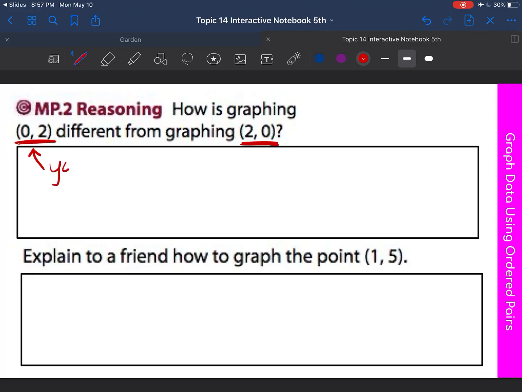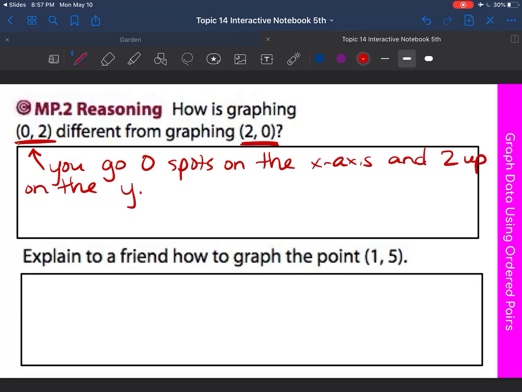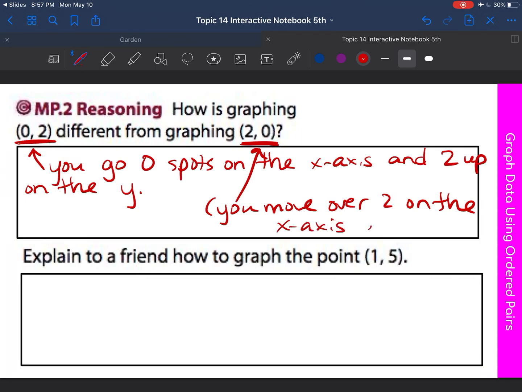Well, for 0, 2, you go 0 spots on the X-axis and 2 up on the Y, whereas for 2, 0, you move over 2 on the X and 0 on the Y. So those two points, how they would look: 0, 2 would be nothing on the X, up here.